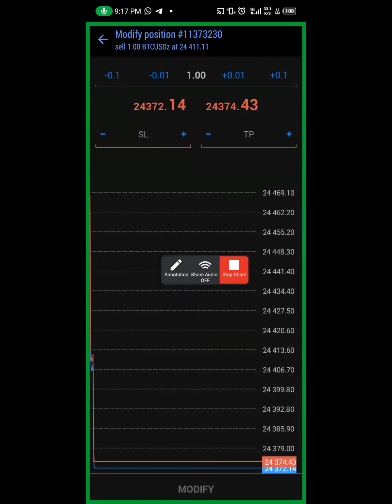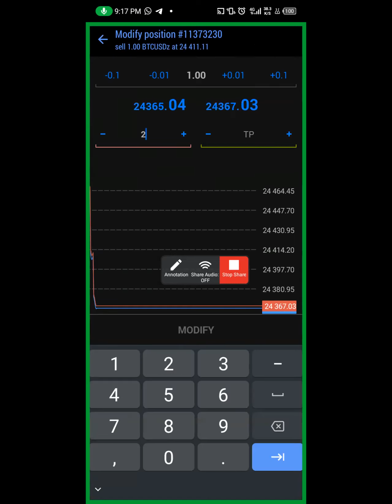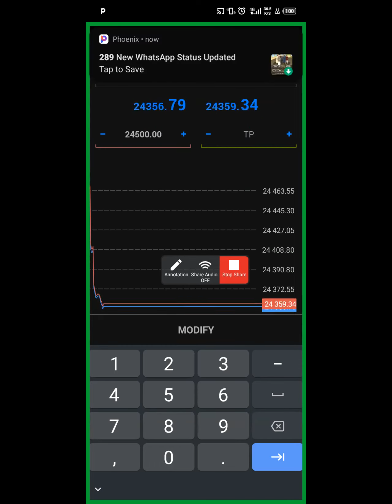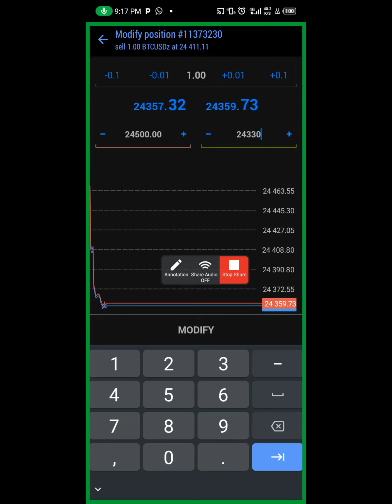So what do I do? My stop loss, let's say, is 24,500. I entered at 411. So I now tell the system that instead of going down, if it goes up, the moment it gets to 500, stop the trade for me. And my target is 24,330, or let's say 300, which is down.